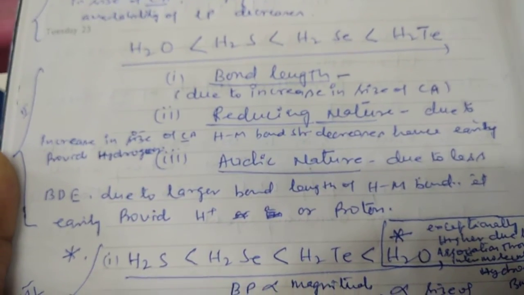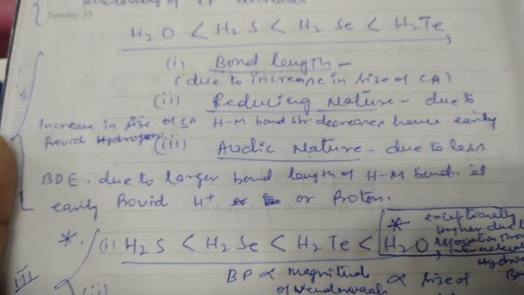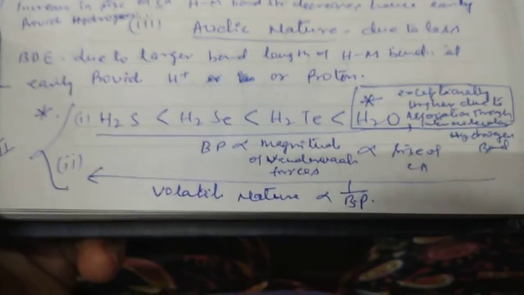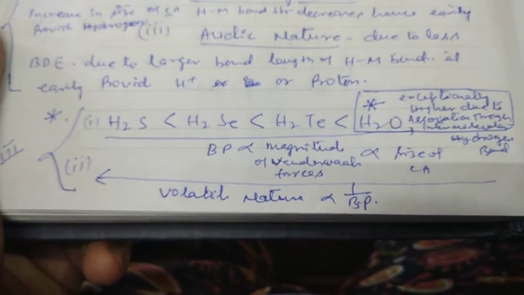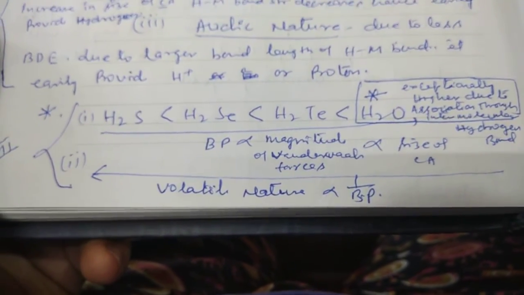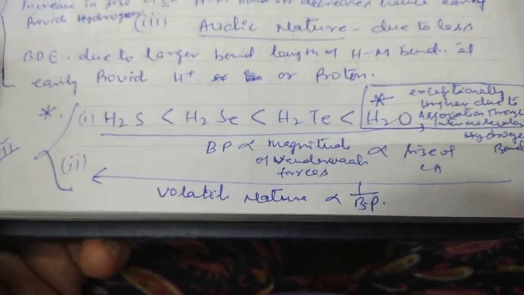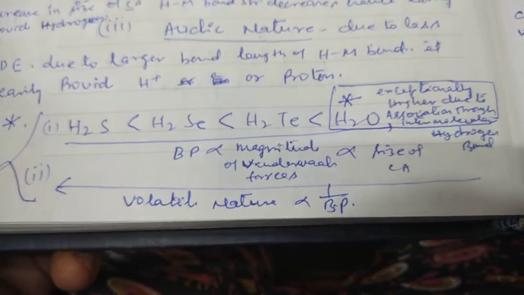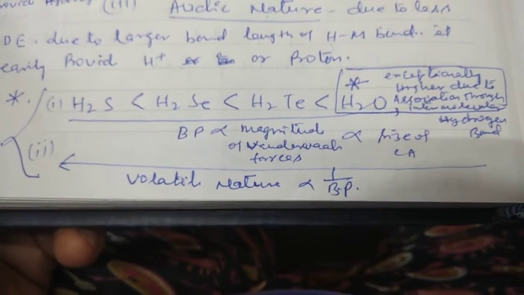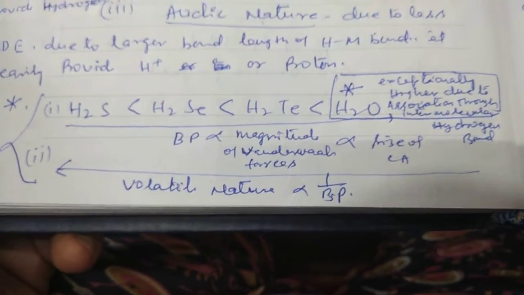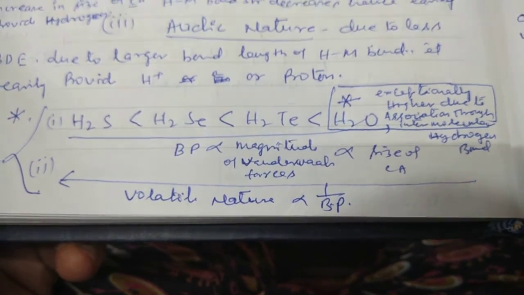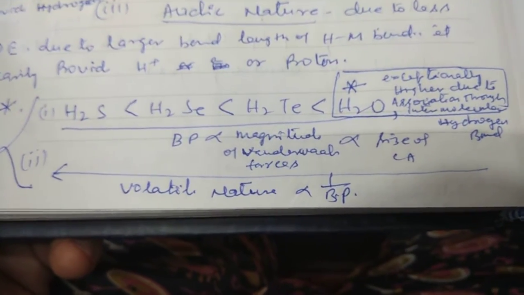Class, you should know the reasoning of each and every point. Then two exceptional cases are there. One is boiling point. Class, the boiling point of all compounds depends on the strength of intermolecular forces. Intermolecular forces strength depends mainly on the size of the central atom, as well as some other factors.